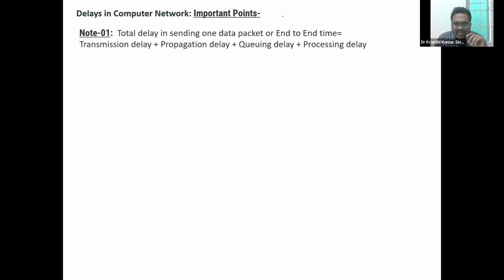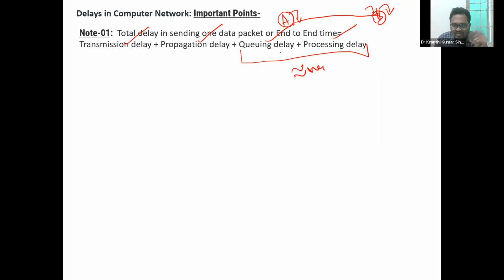Total delay means the time required to place the packet inside the network, the time required to transmit that packet from one end to another device, the waiting time at B, and the time required for processing of the packet by B. This is the total of transmission delay, propagation delay, queuing delay, and processing delay. In real-time problems, we don't consider these things.